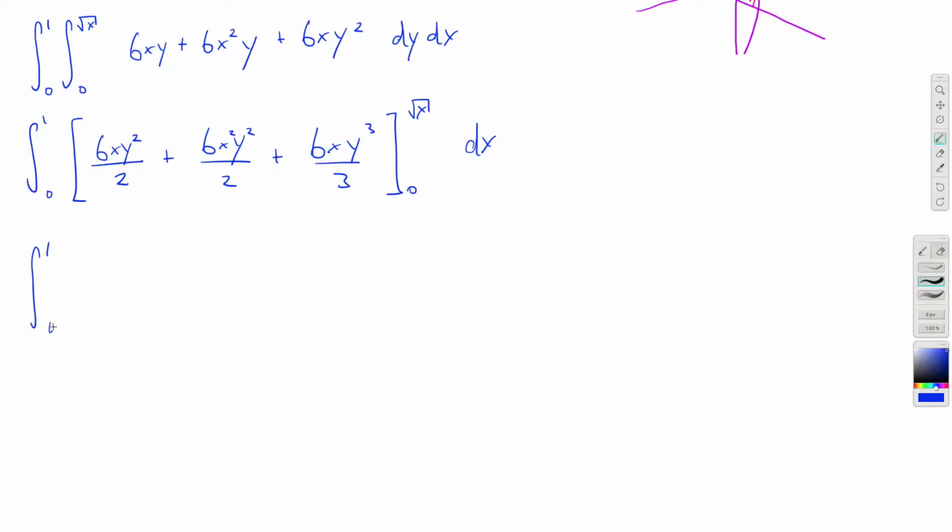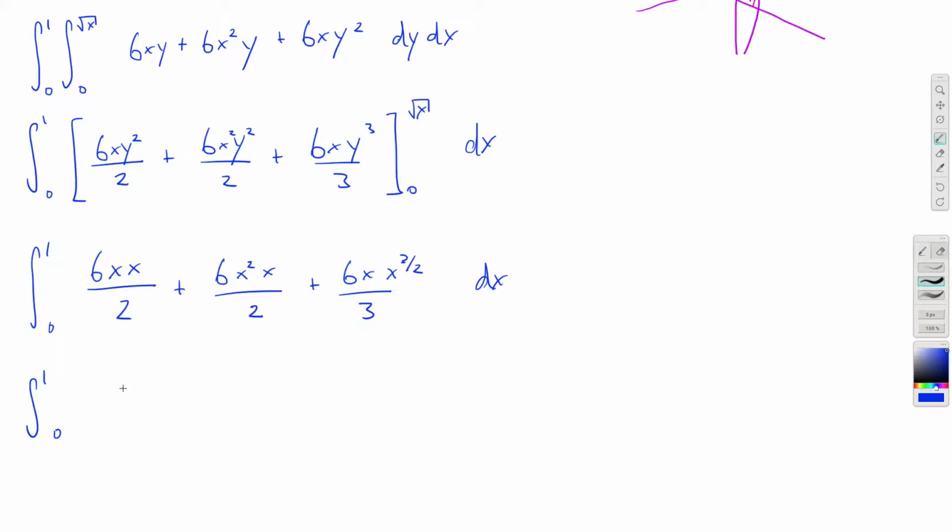Now we're going to sub in those values, and you should know that when you're subbing in a square root of x into something that is squared, we're just going to get x out. So 6x squared over 2 plus 6x squared x over 2 plus 6x times x to the 3 on 2 over 3, dx. Let's simplify this a bit more.